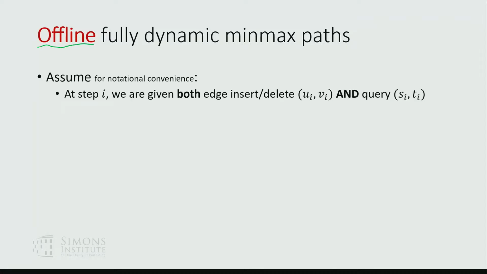And just for convenience of notation, what I will assume is that for every update, for each step, instead of being given an update or a query, I'm given two things at the same time. I'm given one update, which can be a deletion or insertion, as well as some query S_i, T_i. I want to know what's the min-max between S_i and T_i.